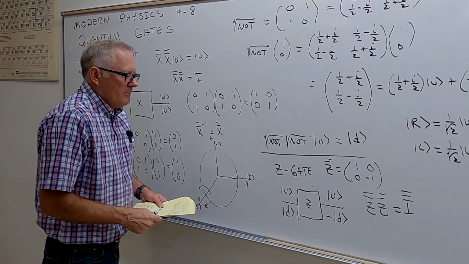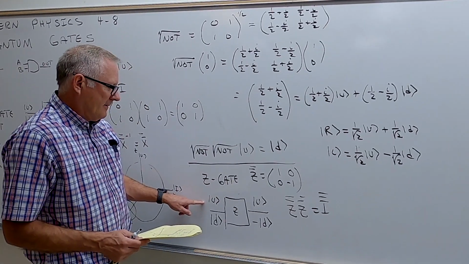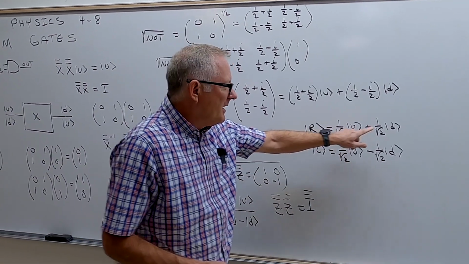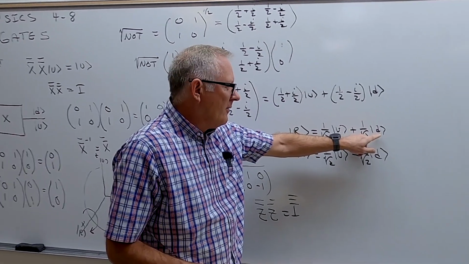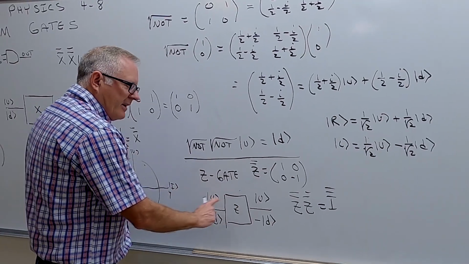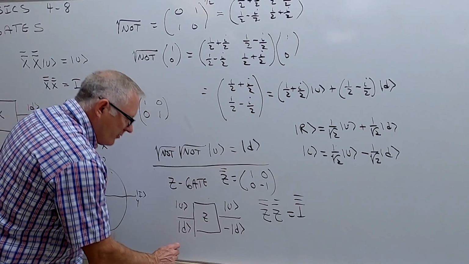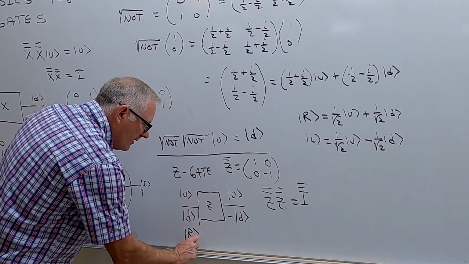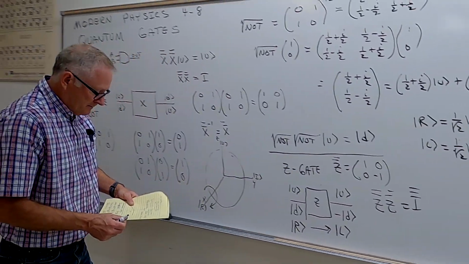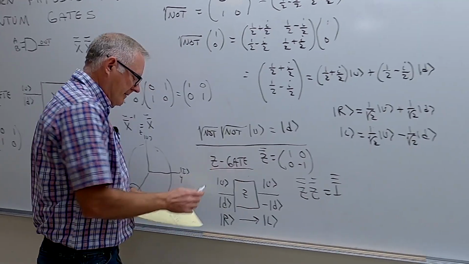So you'll notice if I plug in a right here instead, it doesn't do anything to the ups, but it turns the down into a minus down. That would turn it into a left. So if I put in a right, it turns into a left. If I put in a left, that turns it into a right. So it turns lefts into rights and rights into lefts. That's the Z gate.